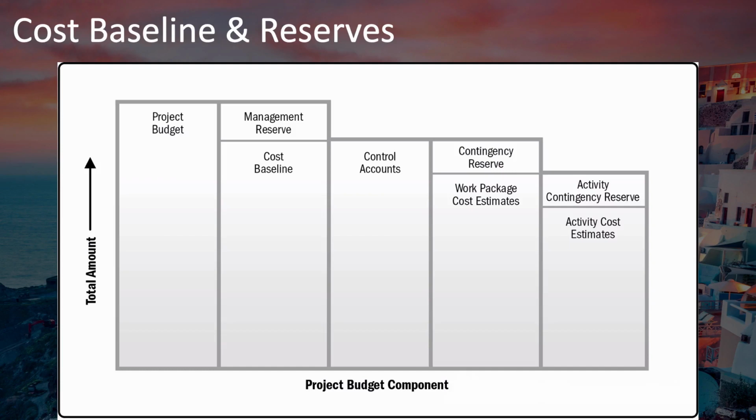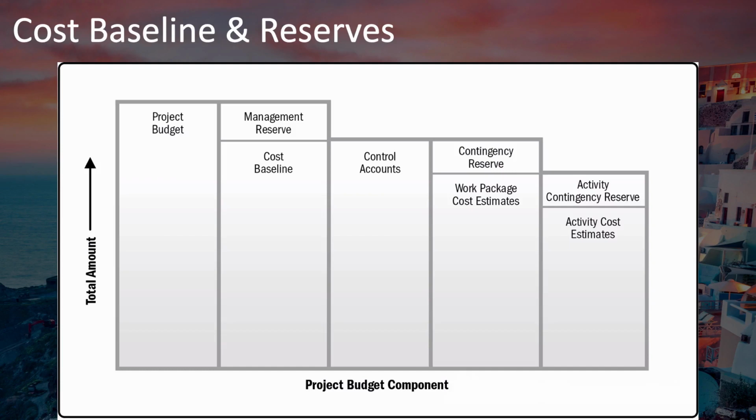But it's below the level of the overall cost baseline, so you should have several control accounts in your cost baseline, and it's above the level of your work packages. So each control account should have 2 or more work packages as part of the control account.